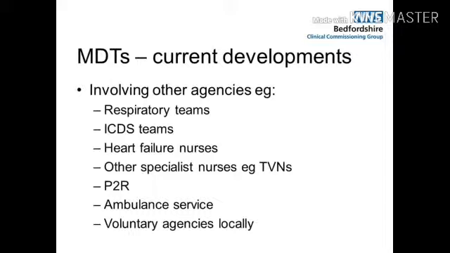Some groups have had Path to Recovery along. I know, Ravi, you mentioned somebody who came from the ambulance service, so again, we're trying to make sure that we bring them in as needed. And the other thing we're trying to do is make sure that bit by bit we are circulating information about local voluntary agencies where sometimes they may be more appropriate to help with some of the patients.